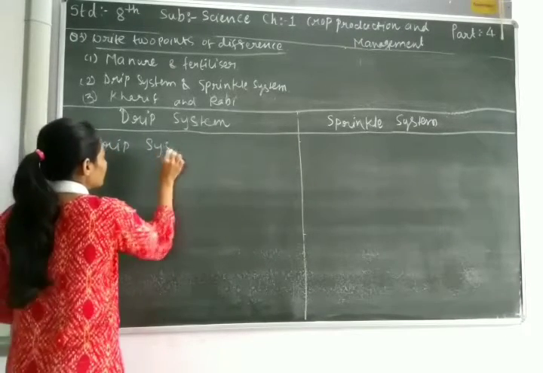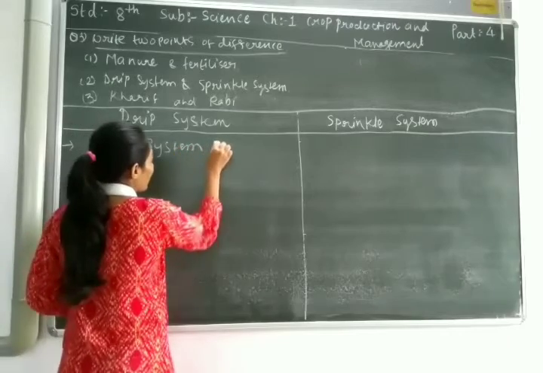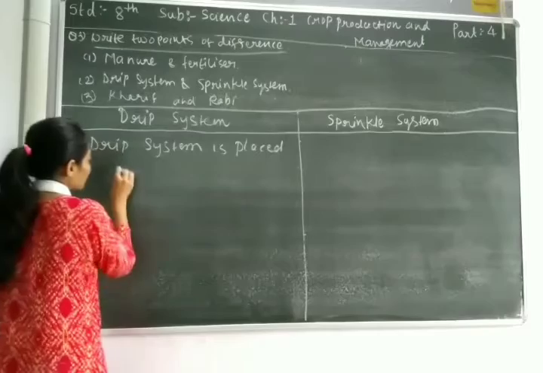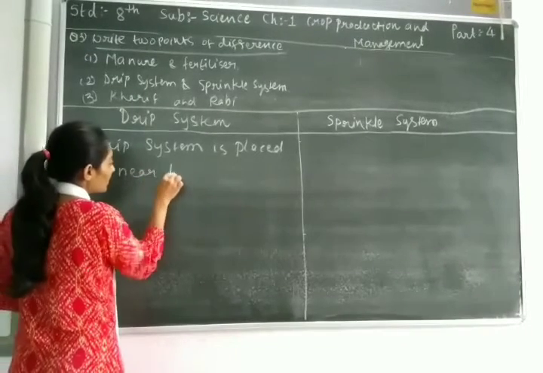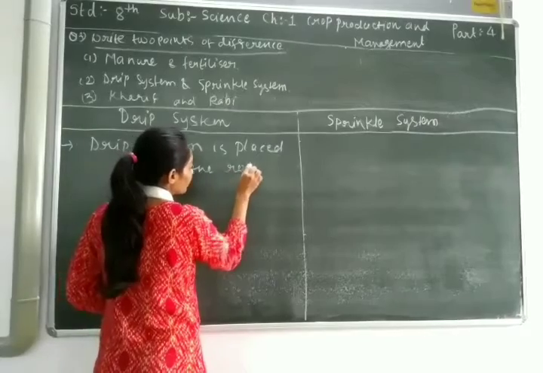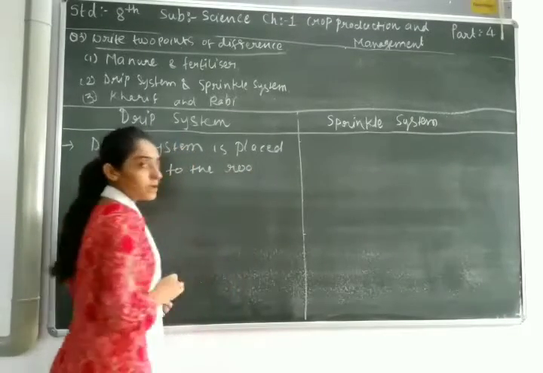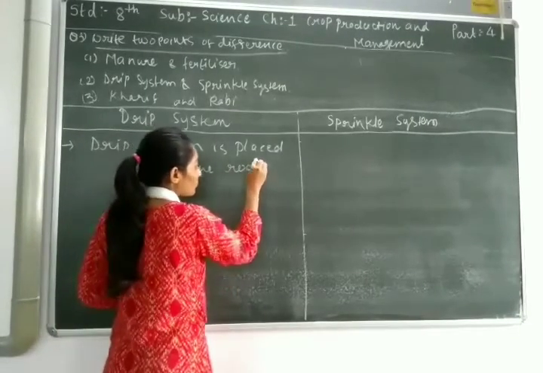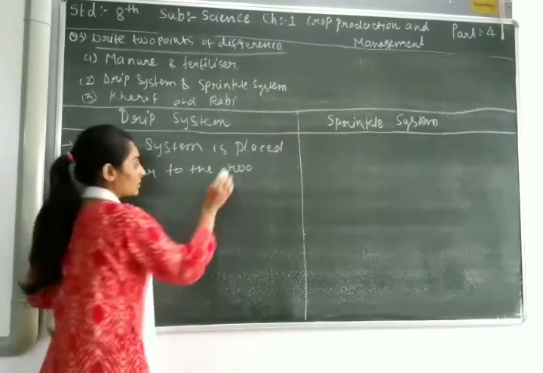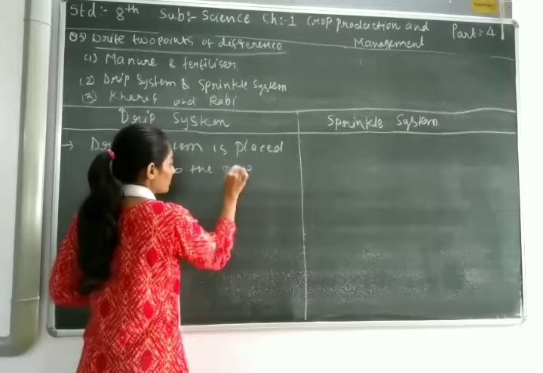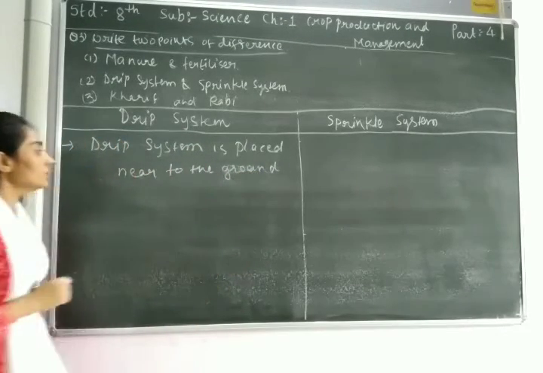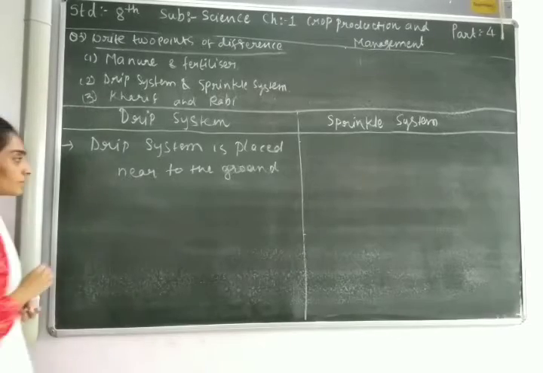Drip system is placed near to the root, or you can say near to the ground.